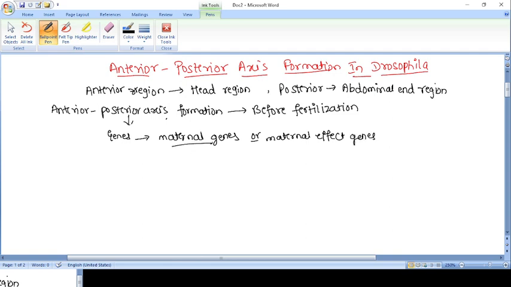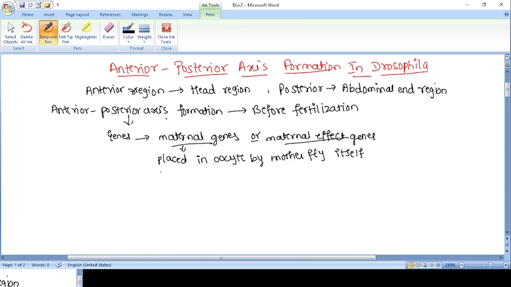Now, why the name maternal genes or maternal effect genes? Because these genes are placed in the oocyte by the mother fly itself.